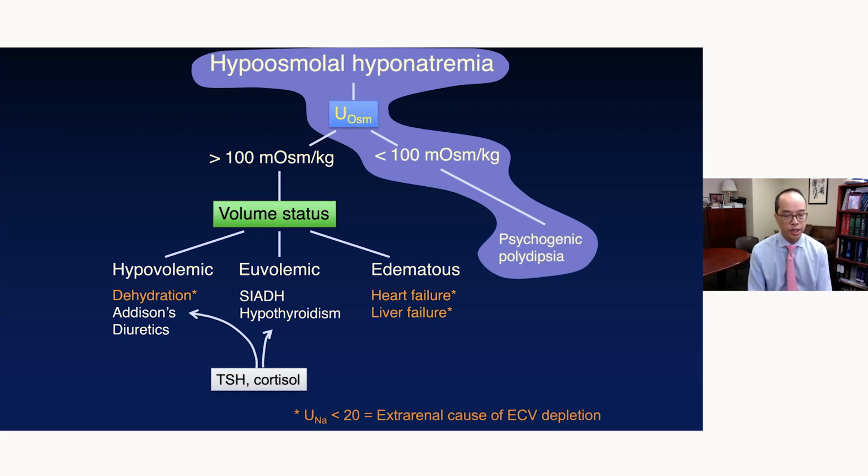When fluids are restricted, this patient would continue to put out dilute urine as long as the sodium was low, and therefore this would lead to a very rapid correction of the serum sodium by itself. In fact, if anything, the concern is that it might be too rapid.